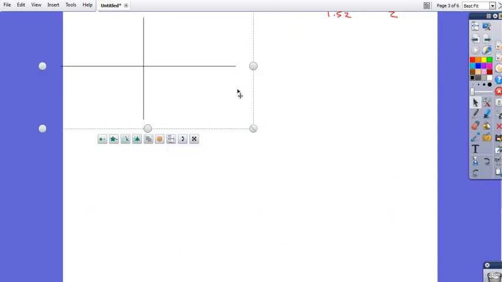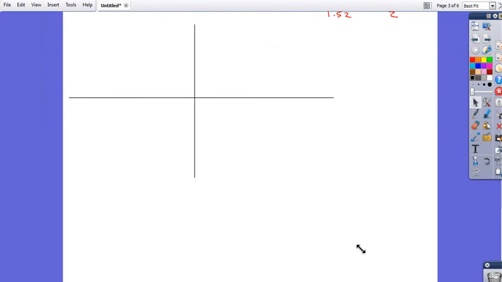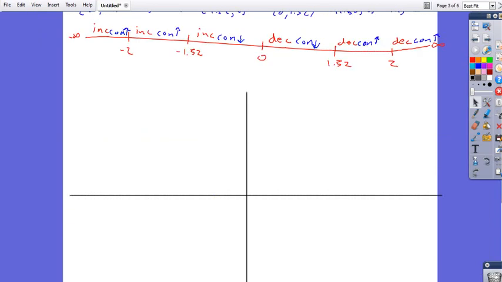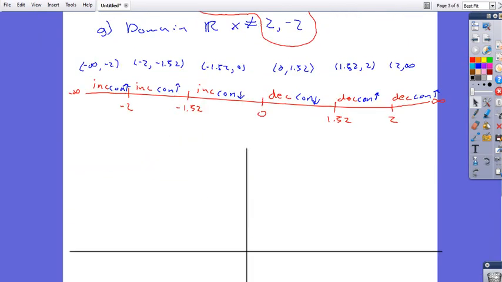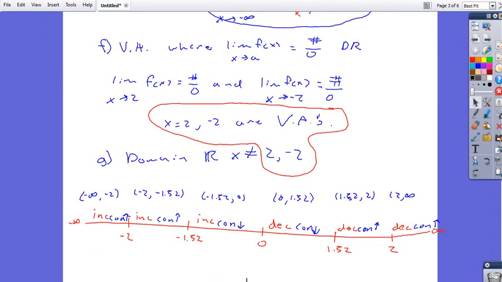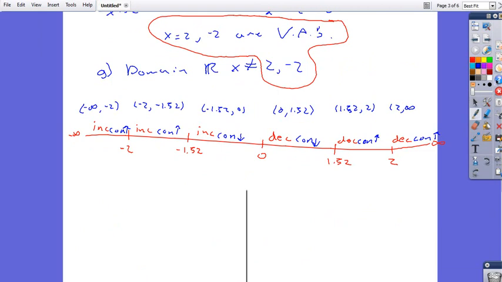We need this graph to be really, really big. Alright, so we've got a lot of important points here. Let's take a look at the sign chart. We need to label these critical points, inflection points, or neither. Now this is a critical point. This is an inflection point because it went from concave up to concave down.